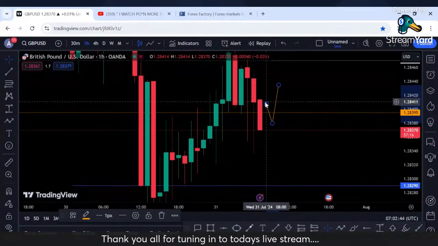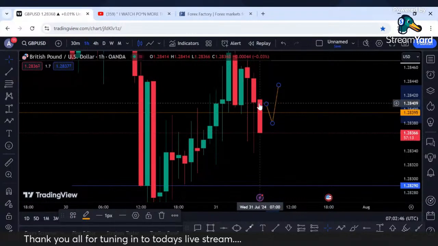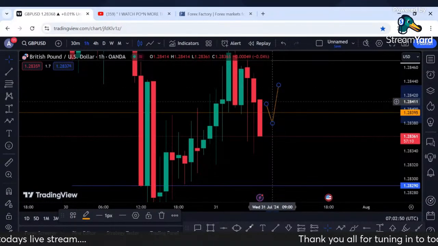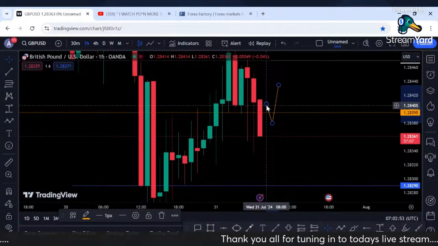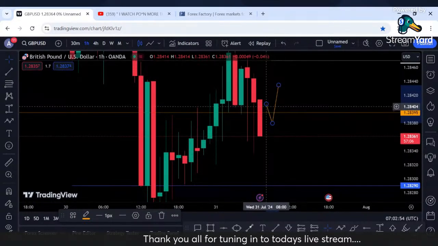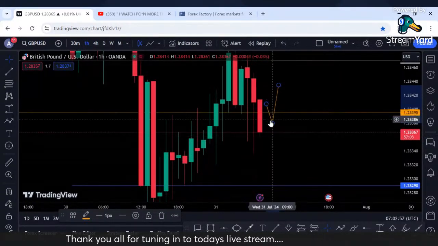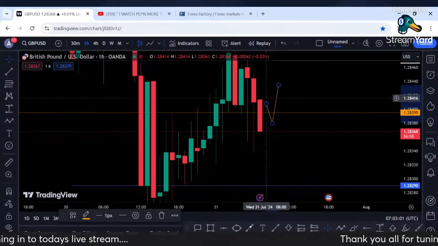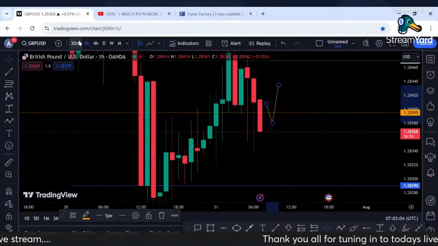This candle that you are seeing over here, after the bearish candle has been created, is going to create a bullish candle for this wick to be filled.